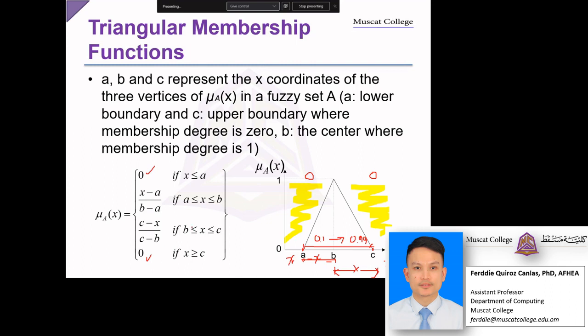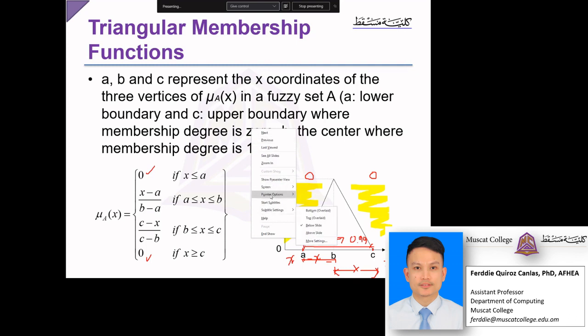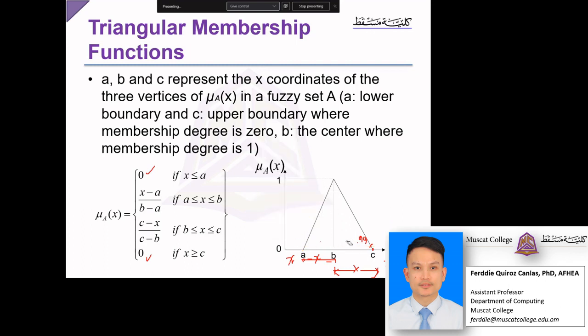Any question? Any question here? Repeat again, Doctor. Okay, let me just repeat. I think I have to copy this and put this in the whiteboard so that you could see it clearly, because I cannot write properly here. Let me just remove it here.